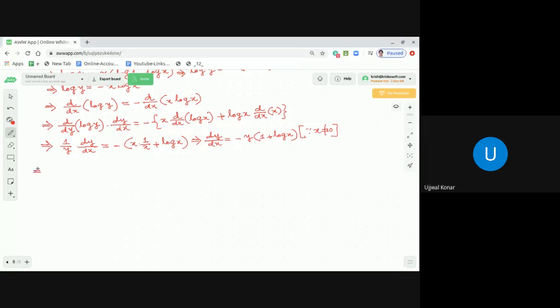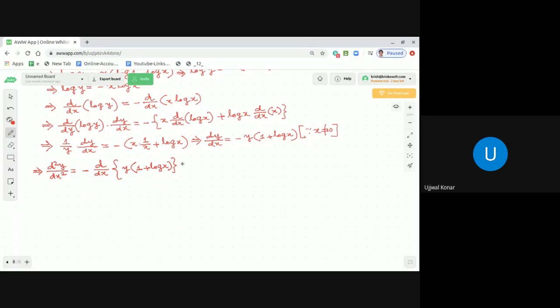So this implies d2y dx2 is equal to minus of d dx of y into 1 plus log x. Correct, dear students?